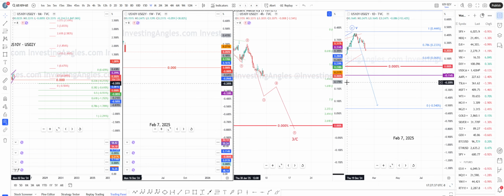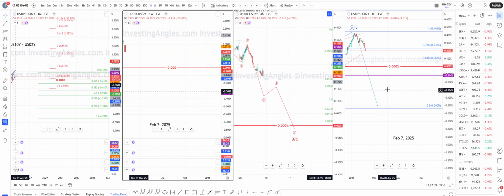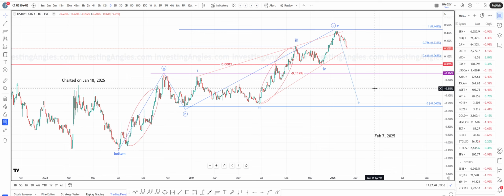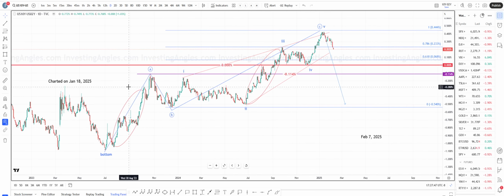Let's have a look from a slightly different perspective. This is the Elliott waves that I charted back on January 18th. So it was potentially a bottom, and yield moved up higher and then pulled back, and now it is potentially forming, or maybe has already completed, an ending diagonal for wave C here.